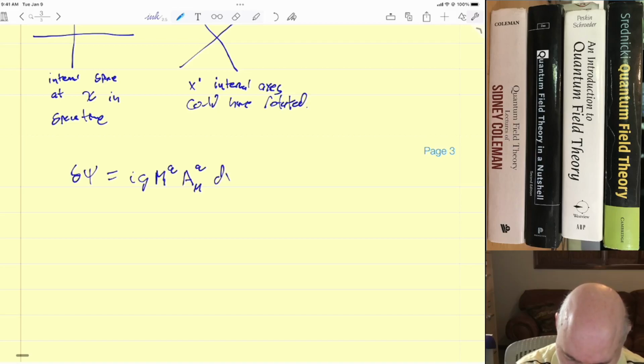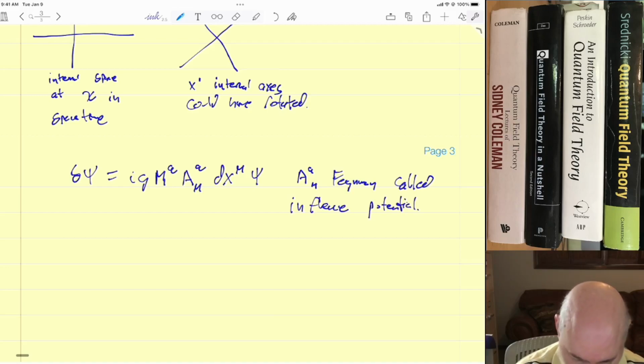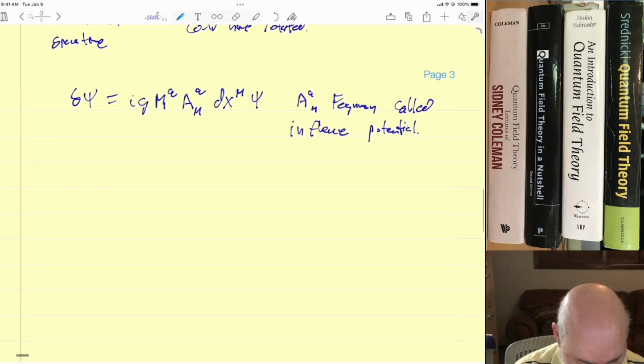It's usually also proportional to the amount of space-time difference between the two points, and it's proportional to psi itself as well. So this A^A_mu, Feynman called influence potential. Tells us how much the axes are rotating.